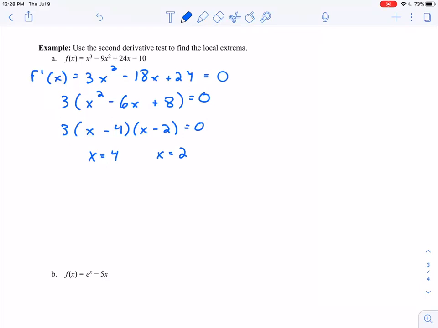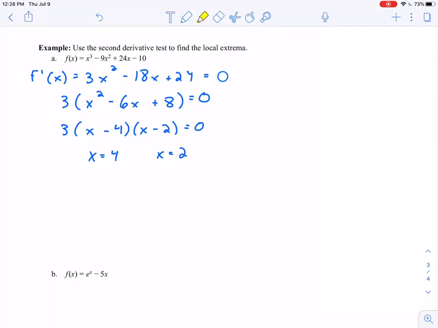If I'm just looking for local extrema, I should also be looking to see, hey, where is the first derivative undefined? But if we look at the first derivative, 3x squared minus 18x plus 24, that's a polynomial. We know it exists everywhere, so we know that 4 and 2 are our only critical points.